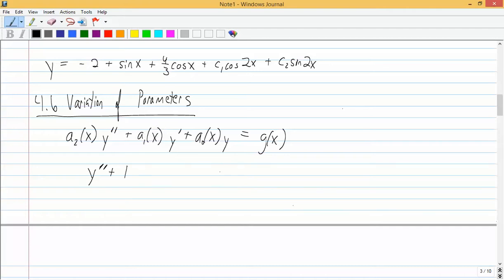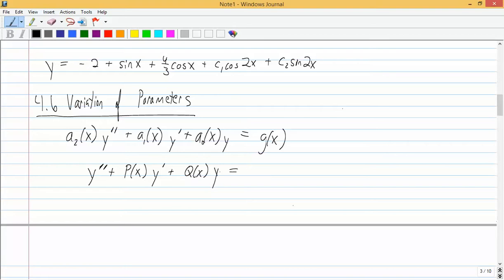We're going to call that the same thing as before. That's our p of x times y prime plus the number that you get in front of the y. We're going to call that q of x y.